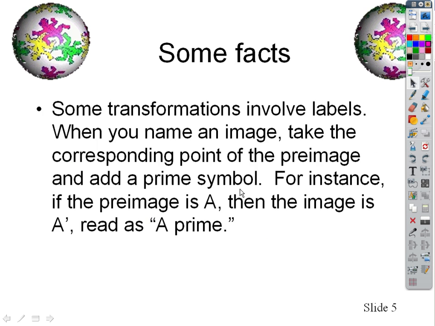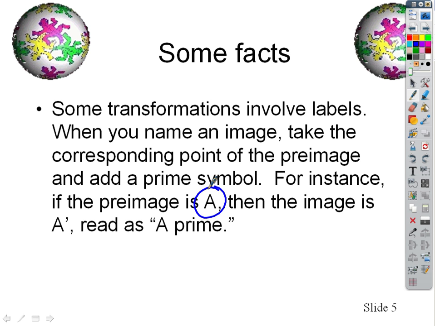How do we say this stuff? Well, one way we do this: transformations involve some labels. We're going to start off with something, maybe it's a triangle, maybe it's a letter, who knows. We're starting with some kind of a thing that we're going to transform in one of those three ways we just talked about. Every point that starts off on the pre-image is going to be written normally.